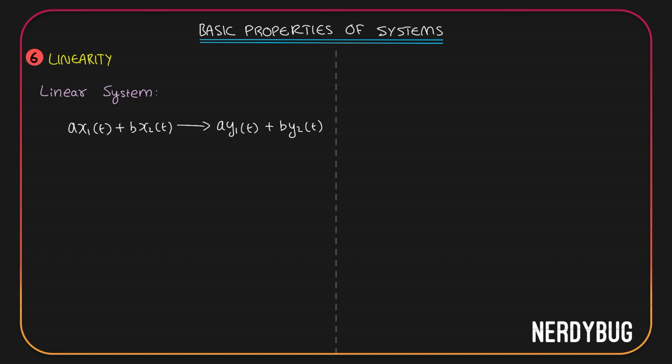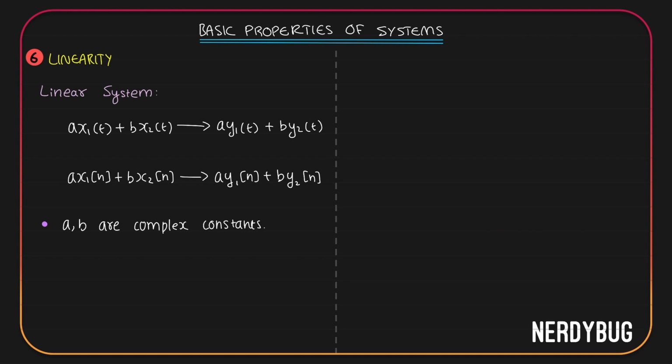For a discrete system, we can write a similar equation: a x1 of n plus b x2 of n should give an output equal to a y1 of n plus b y2 of n. An important factor here is that a and b are complex constants.